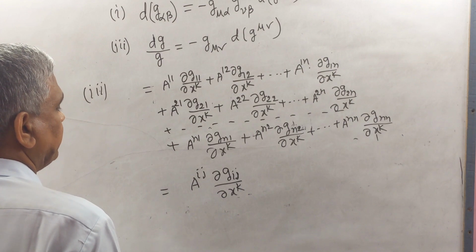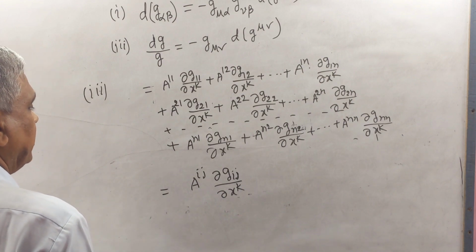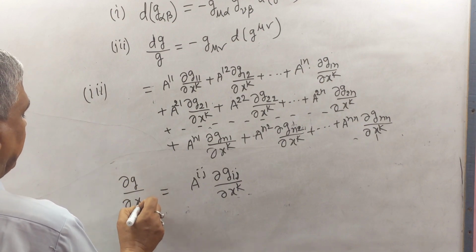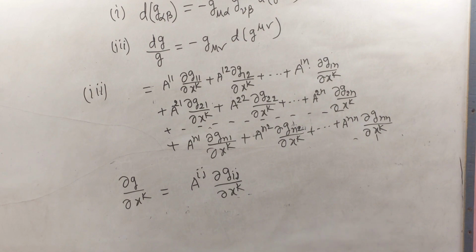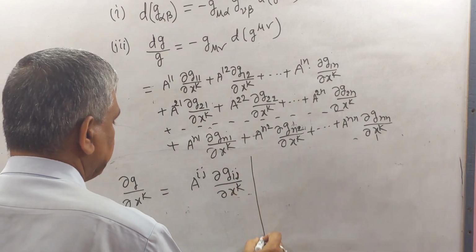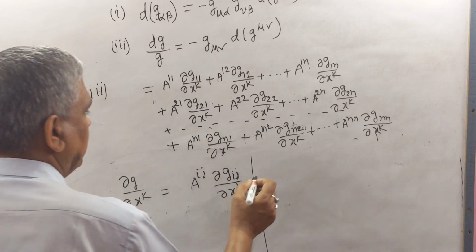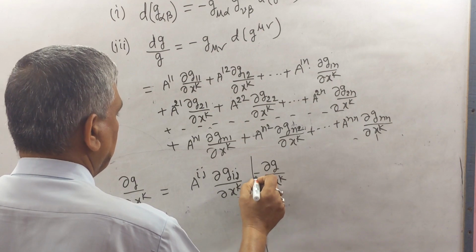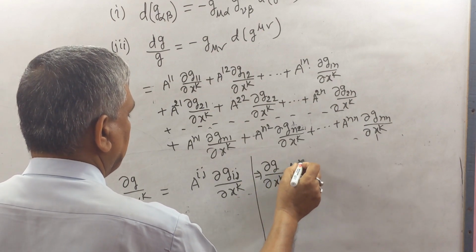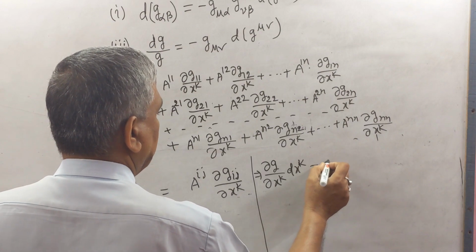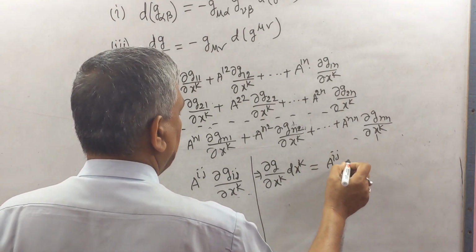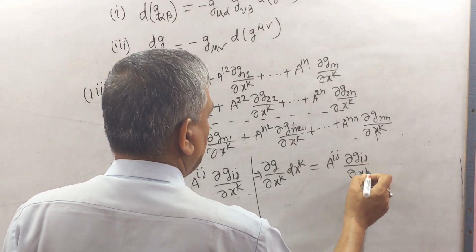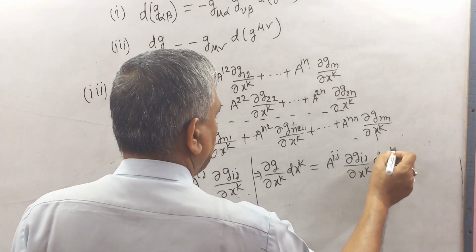I and j with the dummy suffix, and value of ij is 1 to n. Left side is del g by del xk. Now multiplying both sides by dxk, del g by del xk into dxk equal to Aij del gij by del xk dxk.